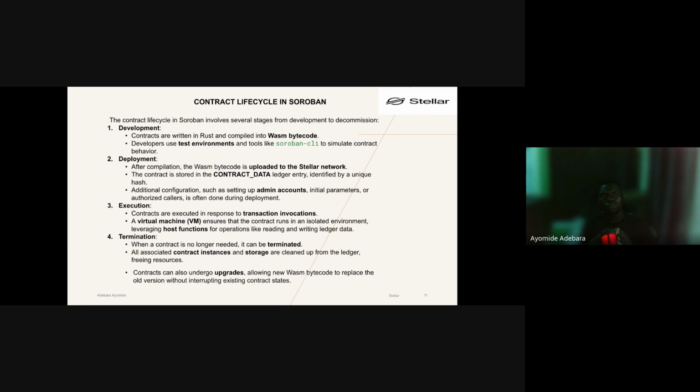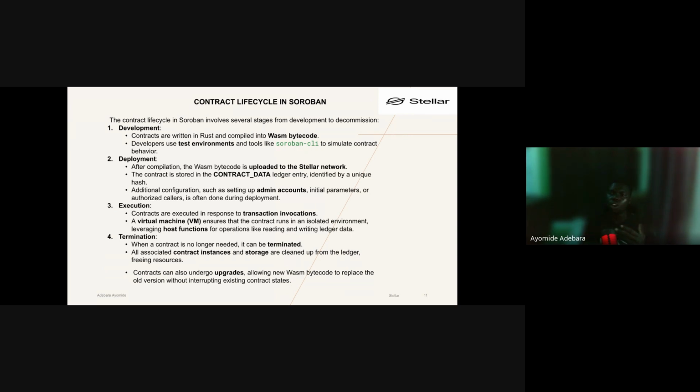The next step in the contract lifecycle is basically execution. Contracts are executed in response to transaction invocation. What does this mean? This is just removing the old grammar from it. It is basically calling the functions from your deployed smart contract, that is, interacting with your deployed smart contract.